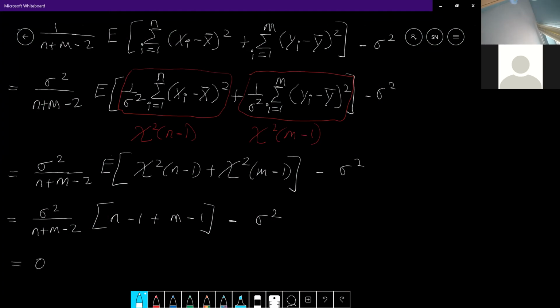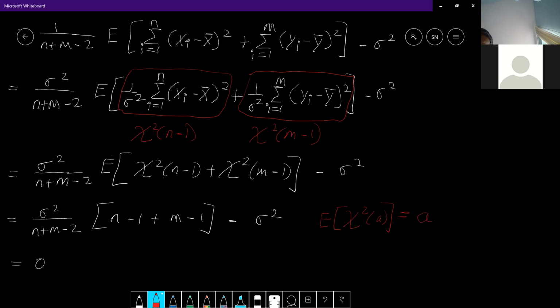The property I have used is the following, something I mentioned a long time ago: if you have a chi-squared variable with a degrees of freedom. If you look back in the printed notes or the scanned notes, you will see this property.